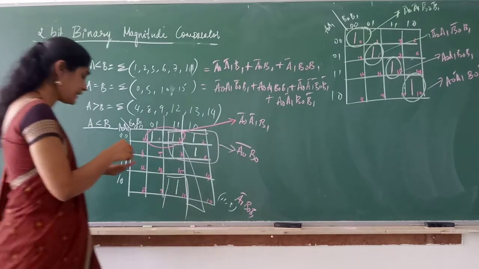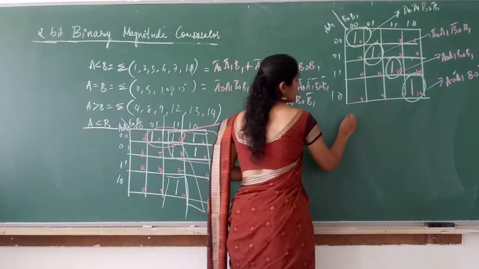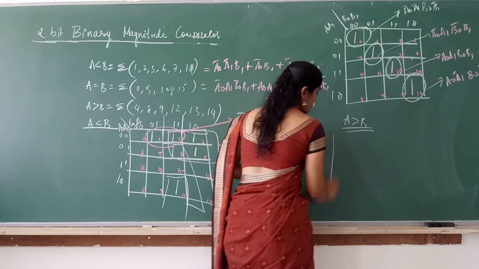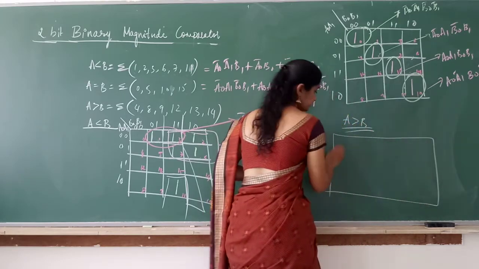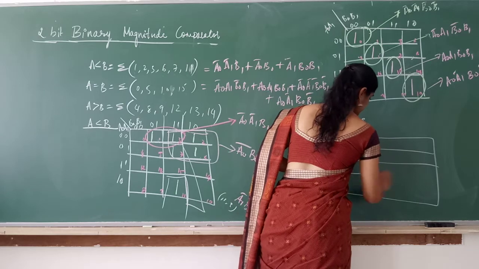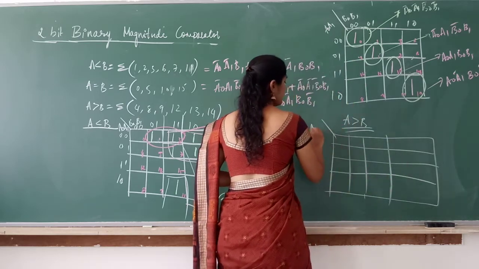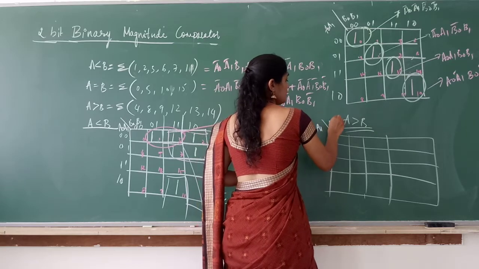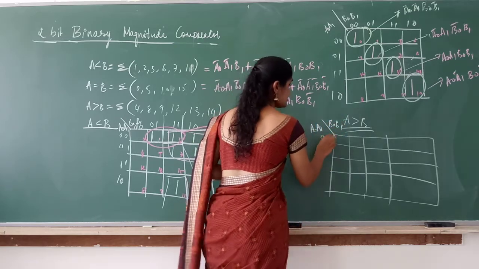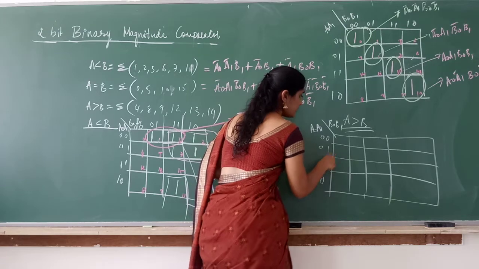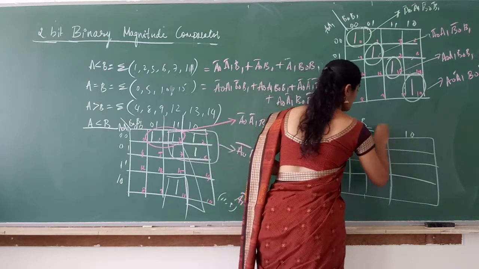Now the last one, A greater than B. For A greater than B, use another K-map. A0, A1, B0, B1, with 00, 01, 10, 11.